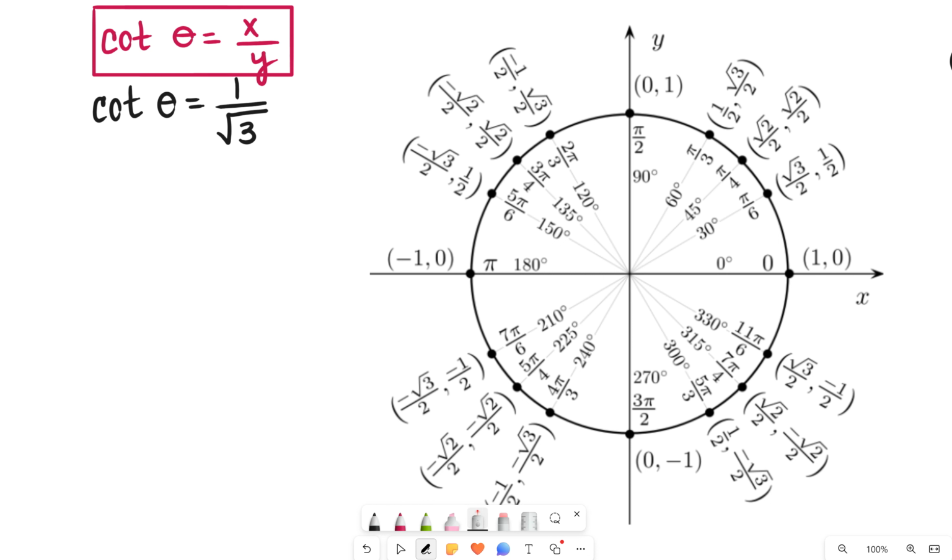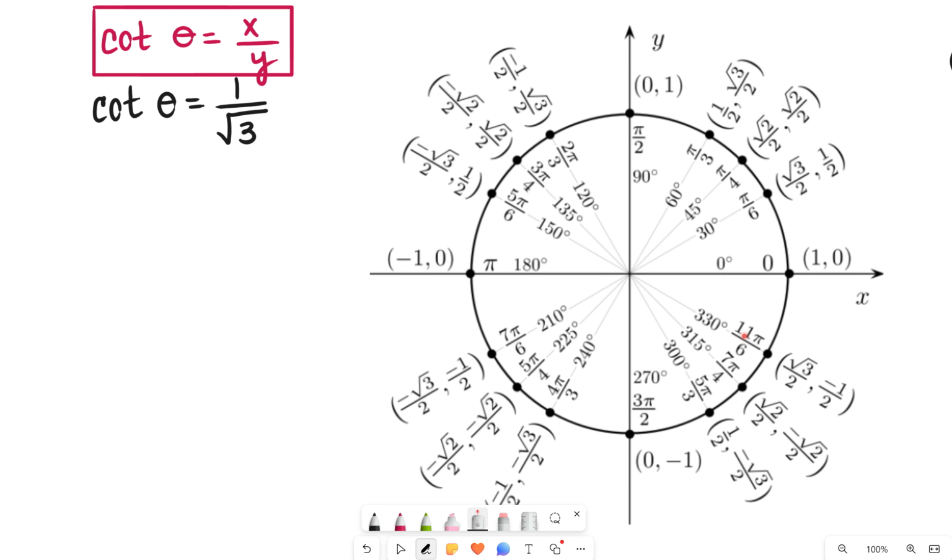Right now we have all these angles, and we're going to focus on angle measurements in radians. The ones I'm highlighting are the answers I'm interested in. So we have 1, 2, 3, 4, 5, 6, 7, 8, 9, 10, 11, 12, 13, 14, 15, 16 answer choices that we need to choose from.